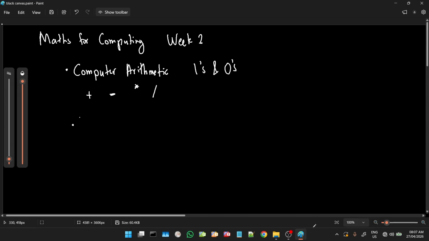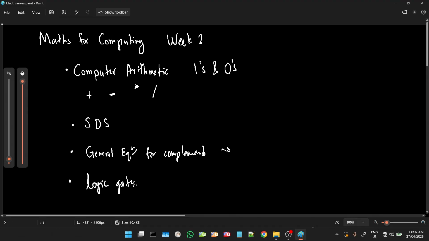We'll also be learning the 7 deadly sins when it comes to multiplication and division. Then we will learn the general equation for complements, and I will also teach you an easy way to do complements along with it. Then finally we will learn logic gates.